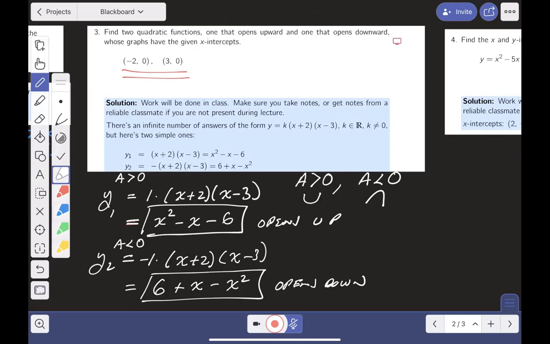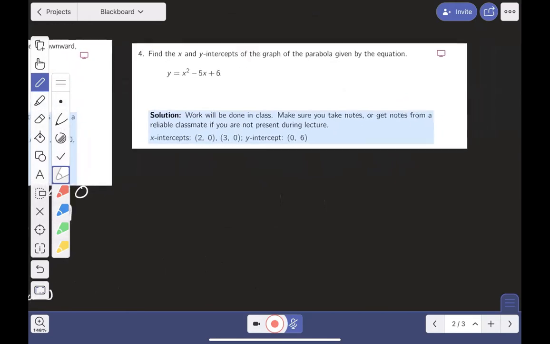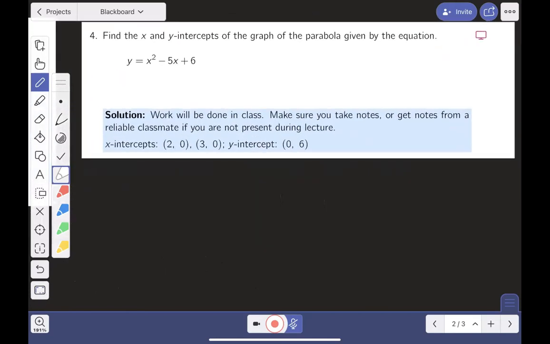All right, let's go to 4. Well, what does 4 say? Find the X and Y intercepts of the graph of the parabola. It says nothing about graphing it. So let's talk about the simple ones first. Y-intercept is the first thing to think about because it's so easy to do. How to get a Y-intercept?